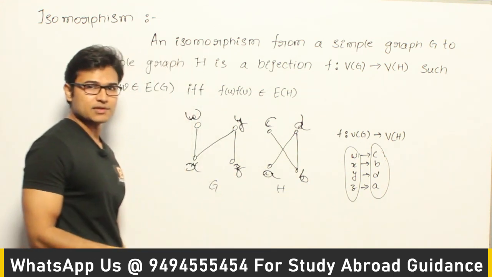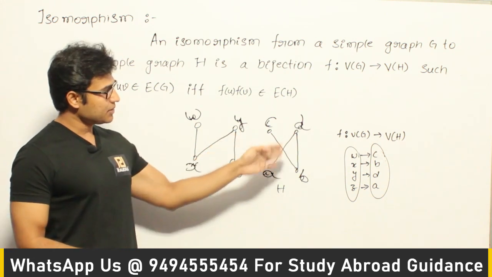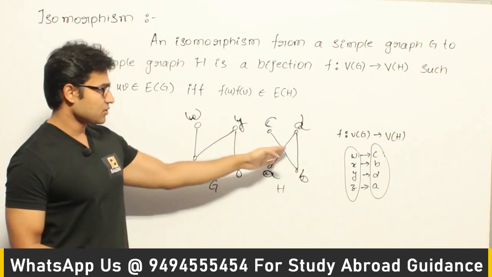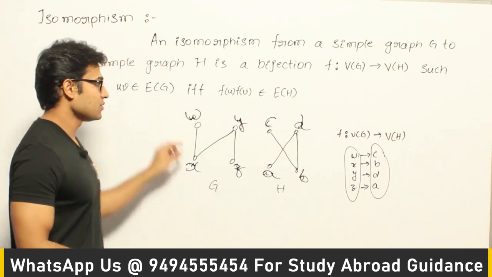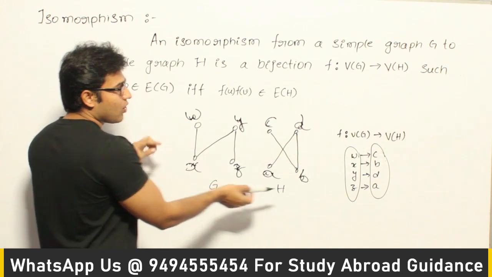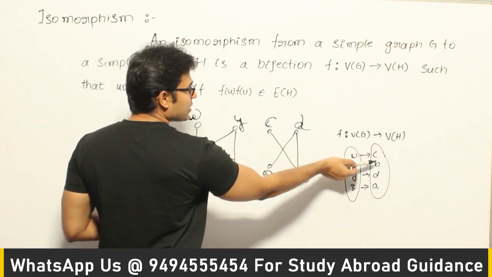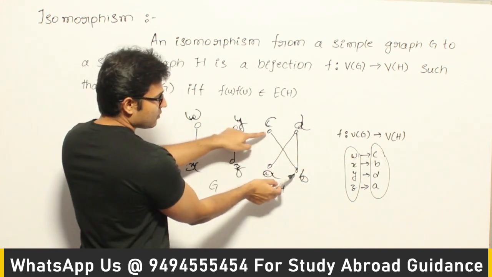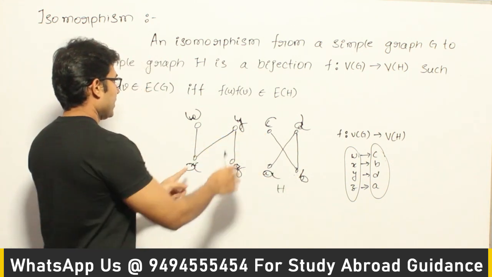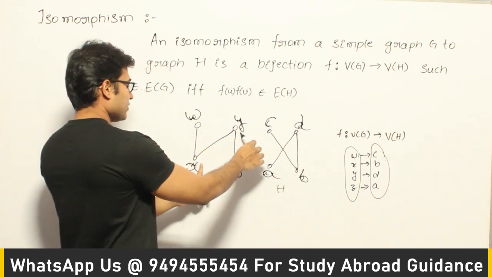Now once that mapping is done, whatever vertices are adjacent here, the corresponding vertices should be adjacent there. Now see this, W and X are adjacent here, right? Now what are W and X here? C and B. So C and B are also adjacent here, got it? And X and Y are adjacent here, right?